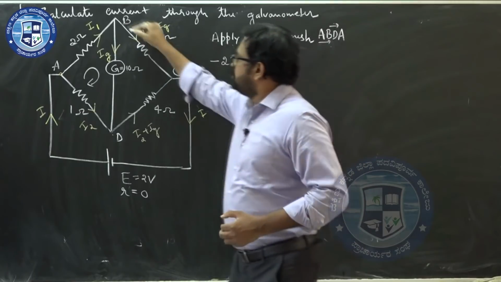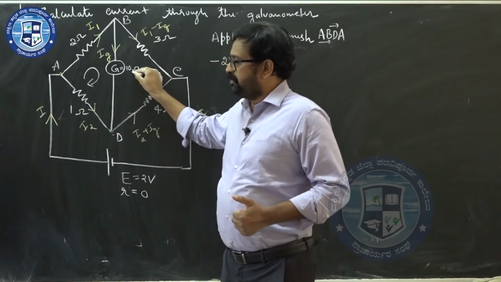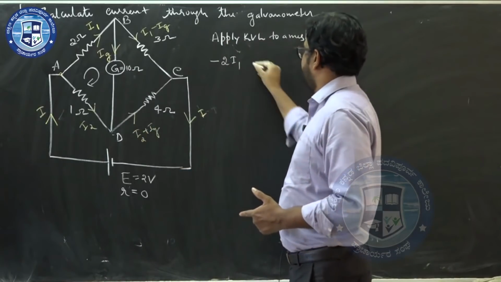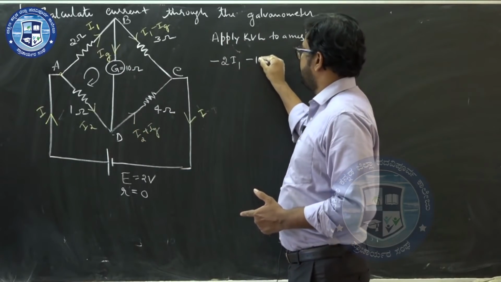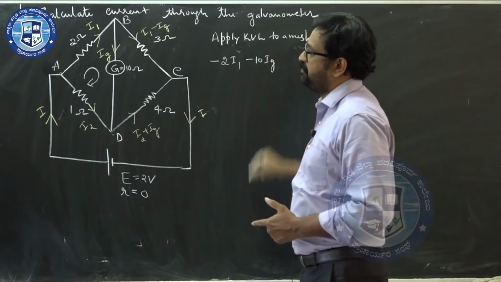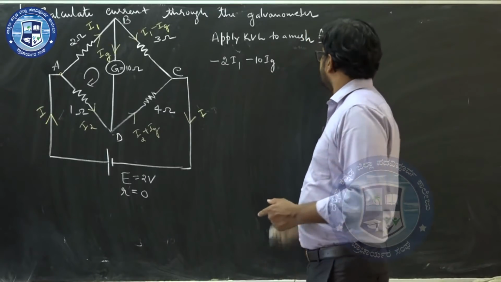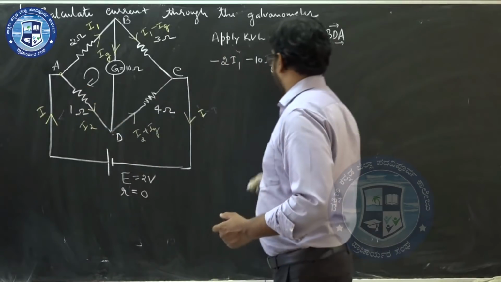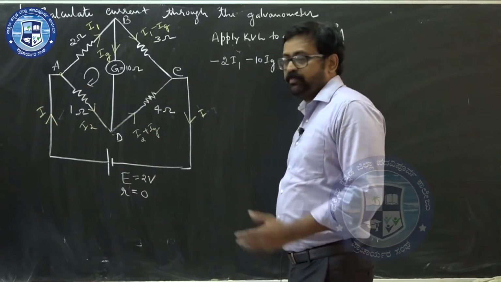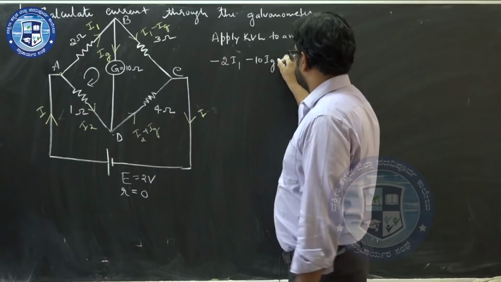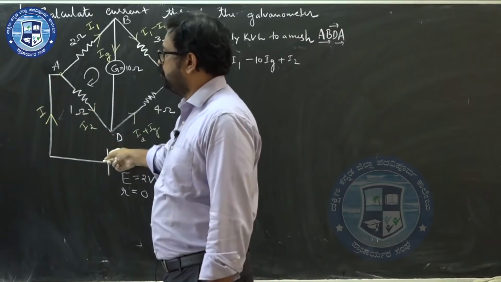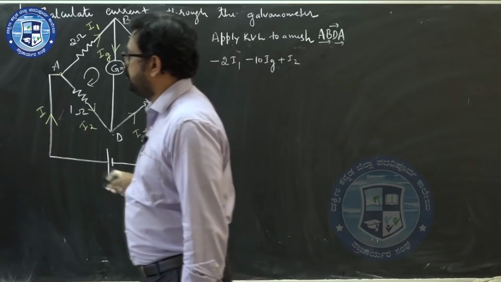Move from B to D, resistance is 10, current is IG, again the direction of current is the same as the direction of traverse, so minus 10 IG, correct? Move from D to A, resistance is 1 ohm, current is I2, 1 into I2 is I2, and this time it is plus I2, because the direction of current is from A to D, and the direction of traverse is opposite to it.